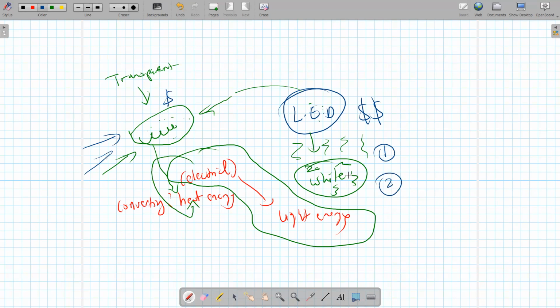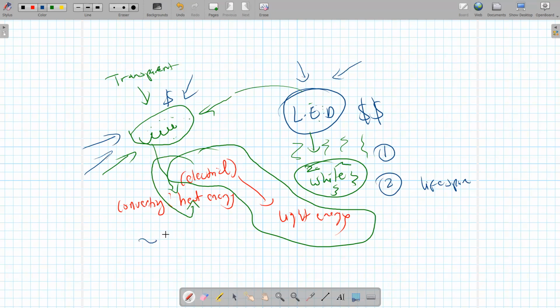Two, it is rated for way more hours. It has a longer lifespan. This guy will die quick. If you use it every day, it probably won't even last you a year. This guy will last you 10 years. So that's the difference. This thing is relatively new. I mean, electricity as a whole is relatively new.